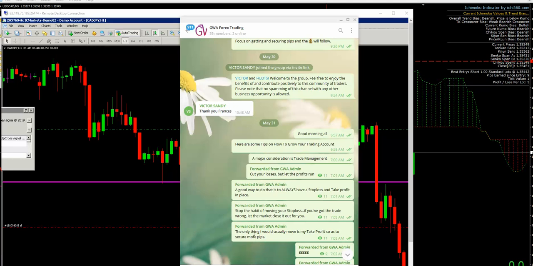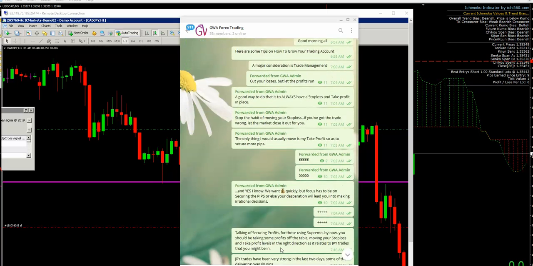So the only thing I would usually do is to move my take profit, yes, in the direction of the trade. I will sometimes move my take profit, not my stop loss. If I move my stop loss, it also has to be in the direction of the trade.